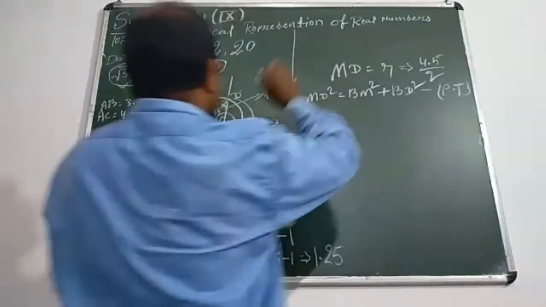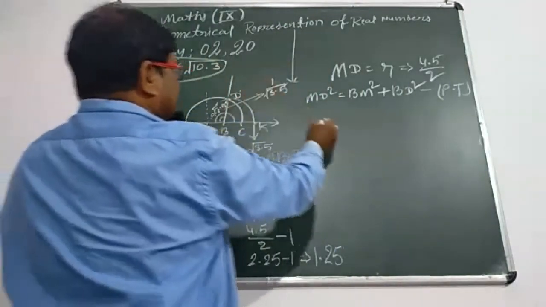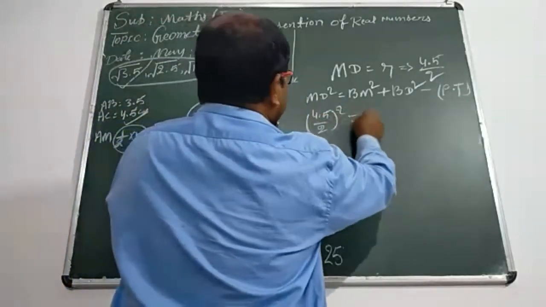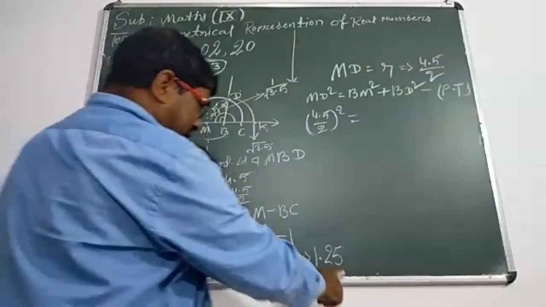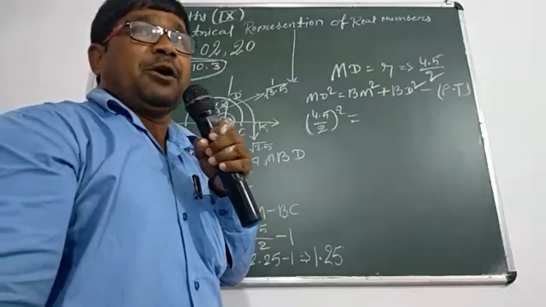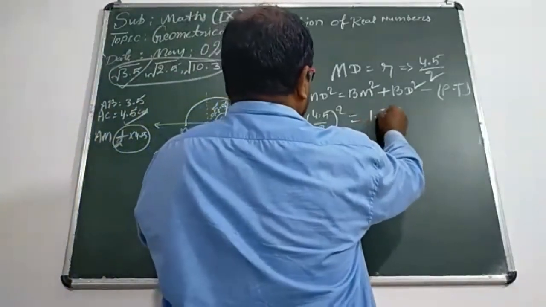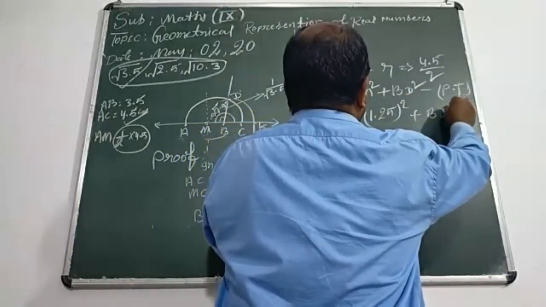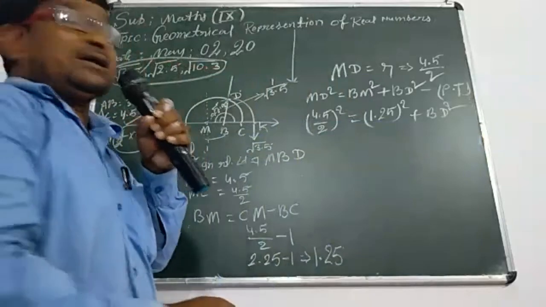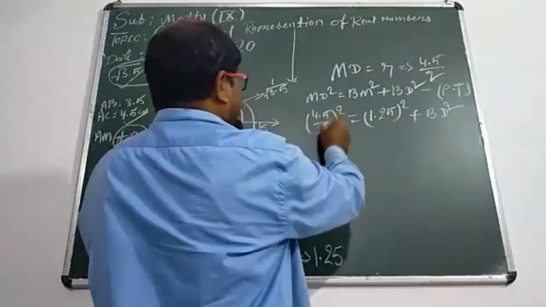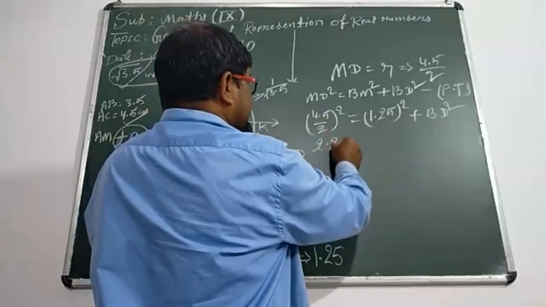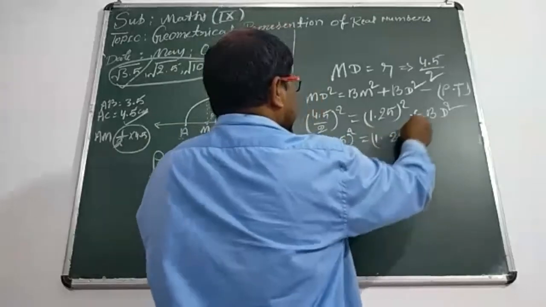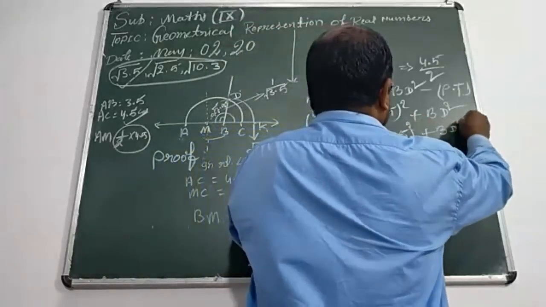Now students, MD is given as 4.5 upon 2, squared. BM is given as 1.25, squared, plus BD square. 4.5 upon 2 means 2.25, so 2.25 square equals 1.25 square plus BD square.